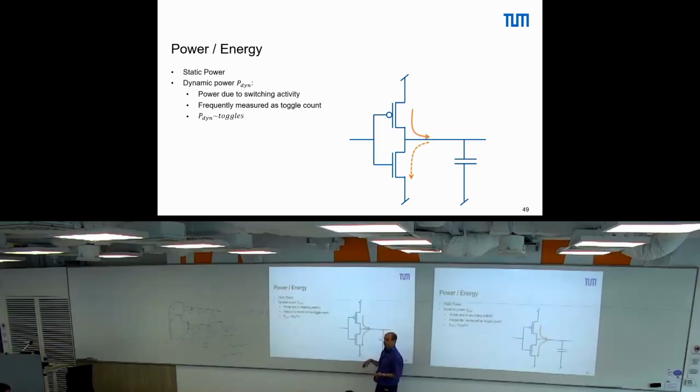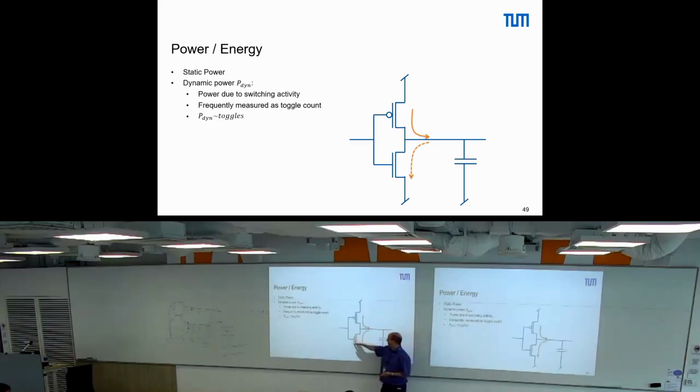That is one component of the dynamic power. The second component of dynamic power is, even if there were not a current directly, you always have a capacitive load here at the output. This is, on the one side, the wiring you have, on the other side, the next gate where you have to drive the input.